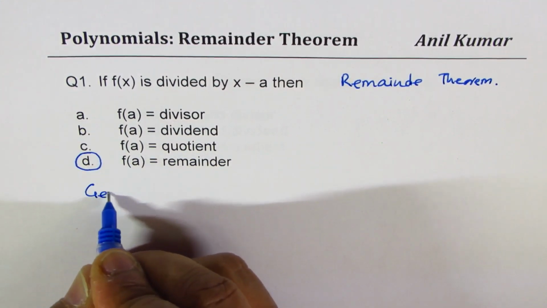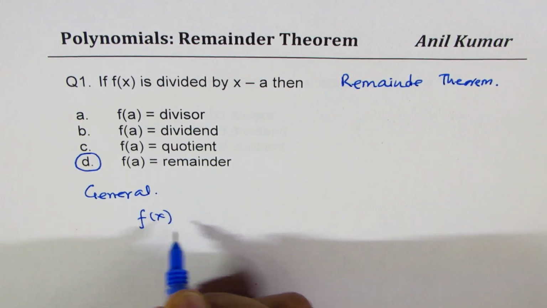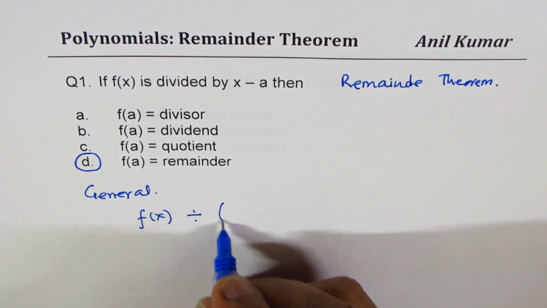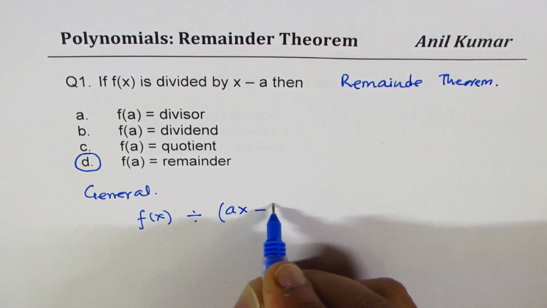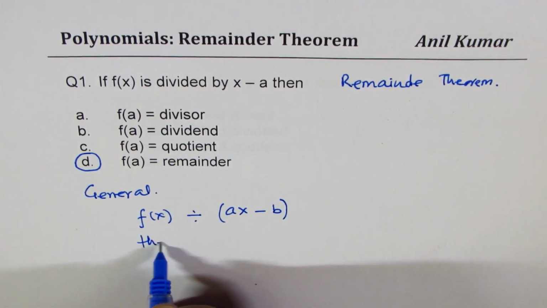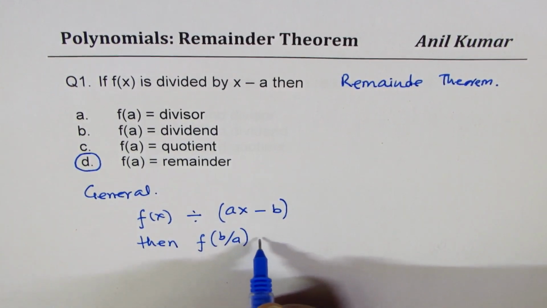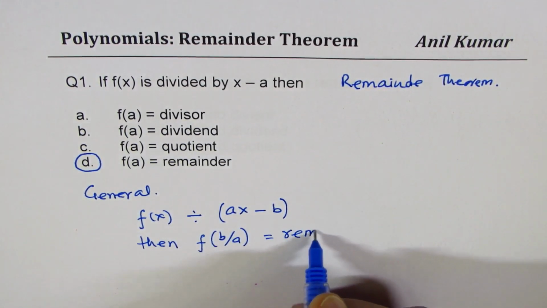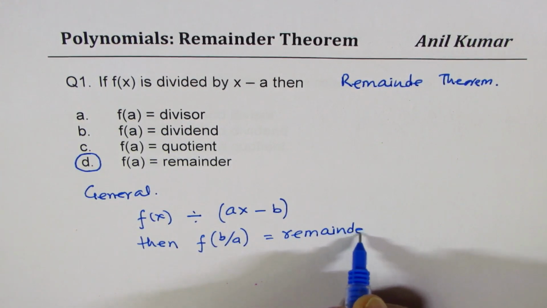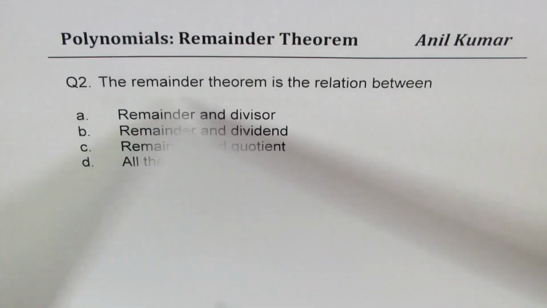In general, we will write it like this. When f of x is divided by, let's say, a term ax minus b, then f of b over a is equal to the remainder. Right? So that is what we just explained. Now let's take question number 2.